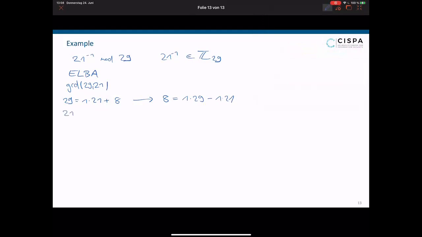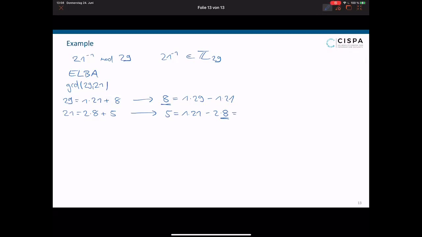So let's do the second step of Euclid's algorithm. There we have 21 divided by 8. Well, this is just 2 times 8, 16, plus 5. That means we can express 5 as 1 times 21 minus 2 times 8. But now here we also have this 8. So we just plug in the linear combination that we computed in the last step.